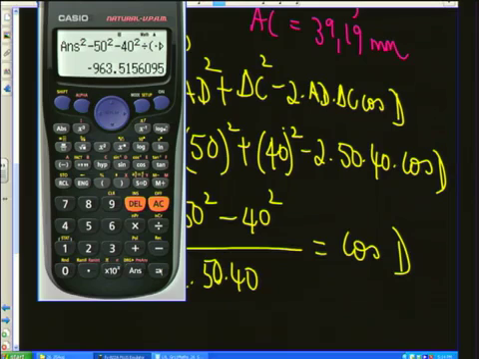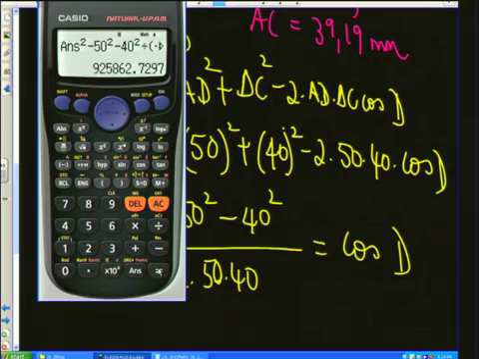So let's just see where we've made a mistake. It was the 39 minus the 50 squared divided by, let's just see here, because you're subtracting the 50 squared, you're subtracting the 40 squared, and then you're dividing by negative 2 times 50 times 40, and we get equals.